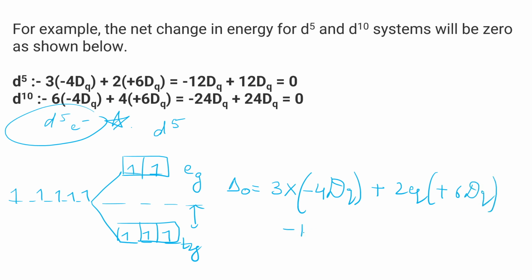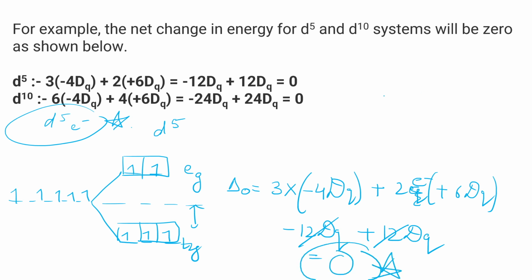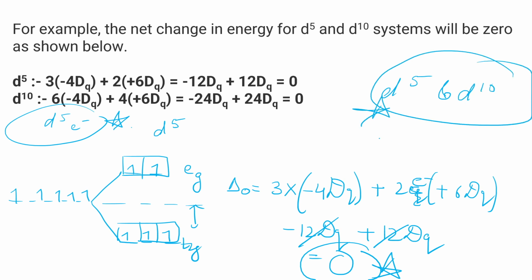So 3 fours are minus 12 Dq, plus 2 sixes are plus 12 Dq. Minus 12 plus 12 gives you 0. So for d5 systems, the energy comes out to be 0.